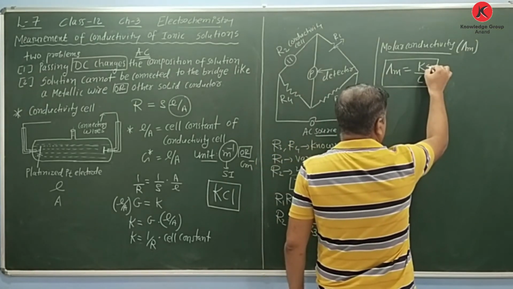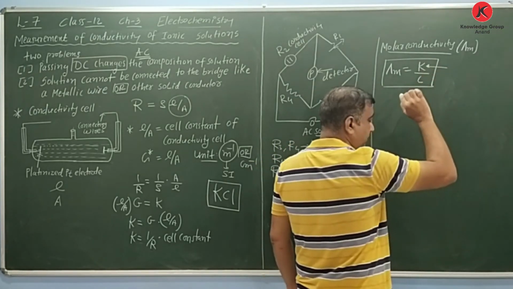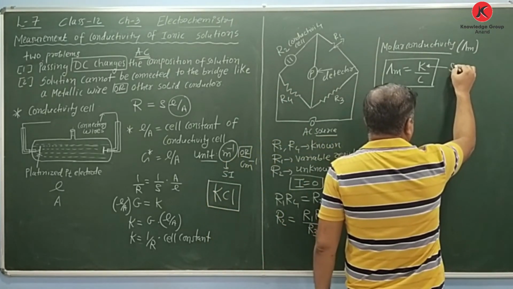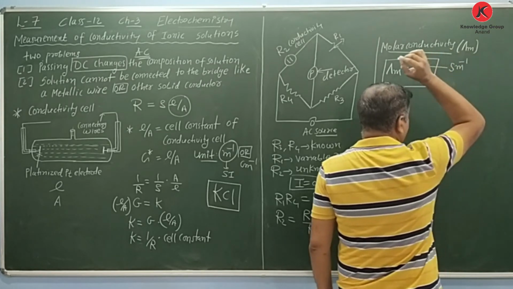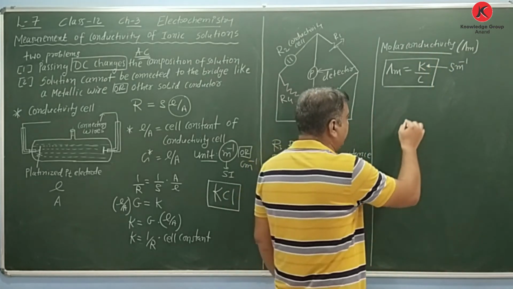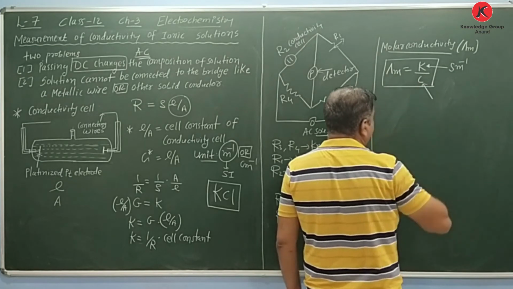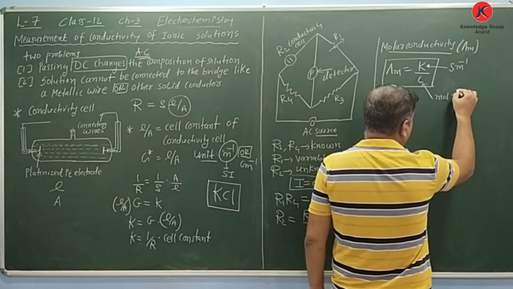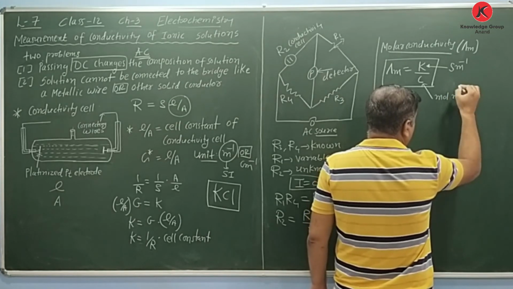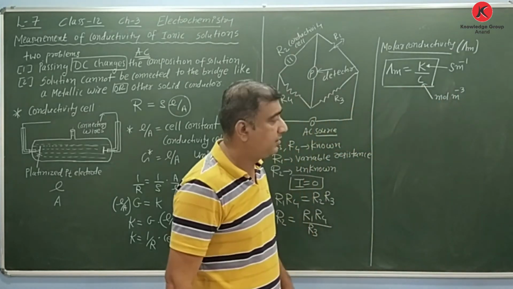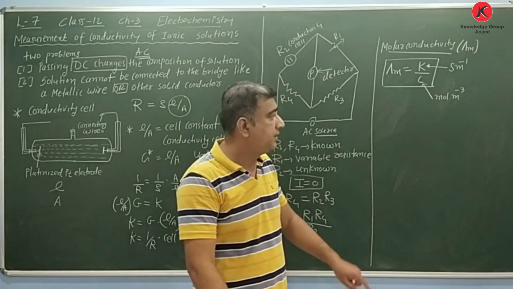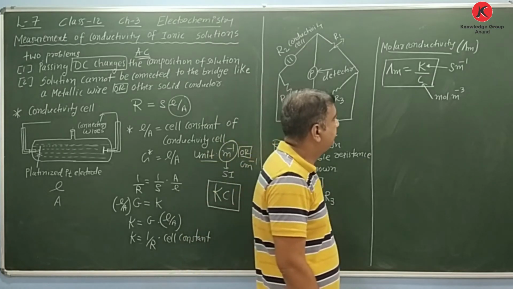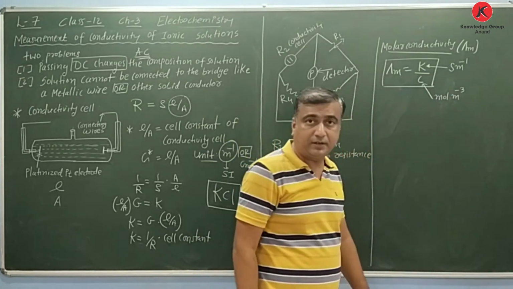Now, this K is the conductivity, in Siemens meter inverse unit, and C will be the concentration in mole per meter cube, that means meter to the power minus 3. That means instead of liter, it will be in meter cube.